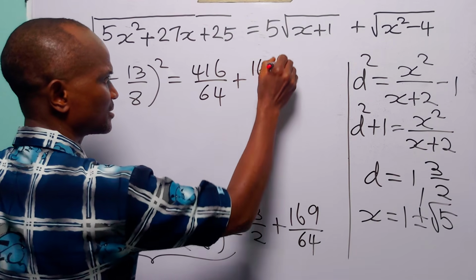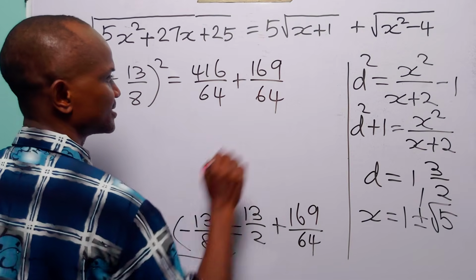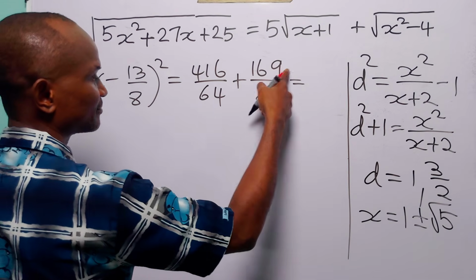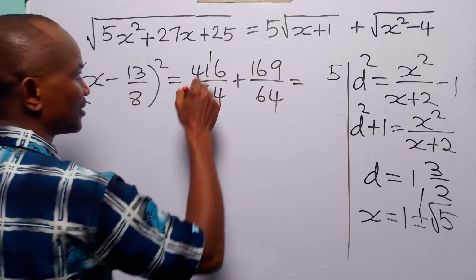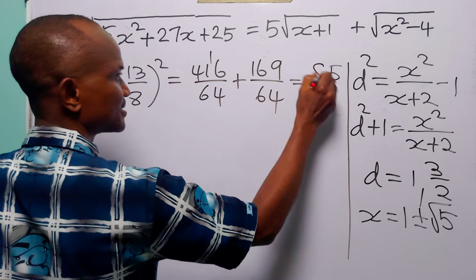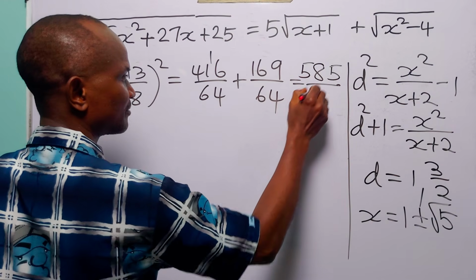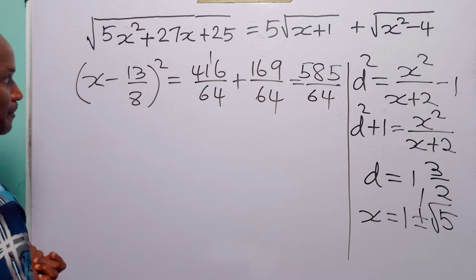Now, we have 169 over 64. 6 plus 9 is 15. 2 plus 6 is 8. 4 plus 1 is 5, divided by 64.